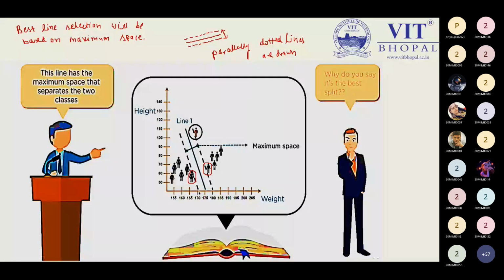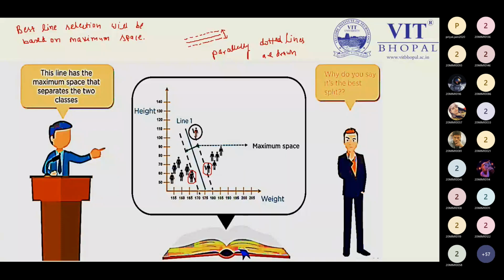I am plotting these two dotted lines perpendicular. These two dotted lines will be close to one data point of the male group and one data point of the female group. So this line has the maximum space that separates the two classes.